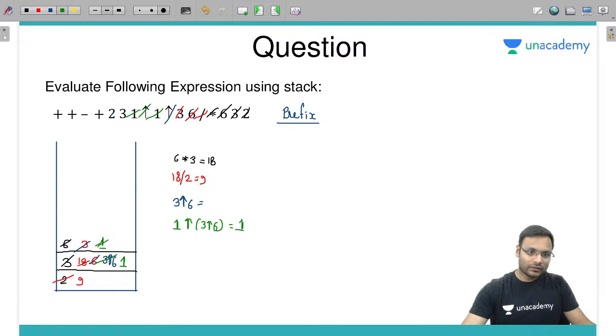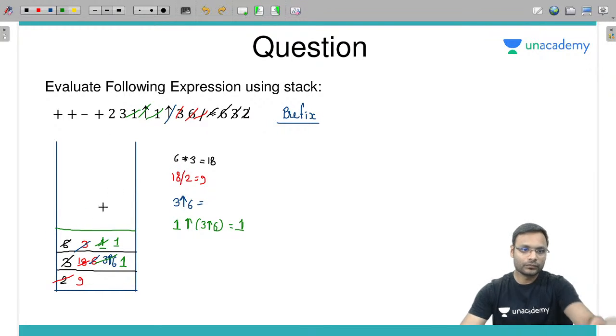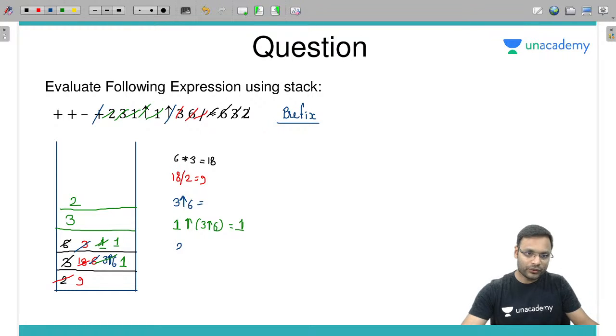Then another 1. Then, oh sorry, 3. Next is 3. Then push 2. Then next plus: 2 plus 3, 5. Gone, gone, 5. Next minus: 5 minus 1, 4. 5 gone, 1 gone, 4.